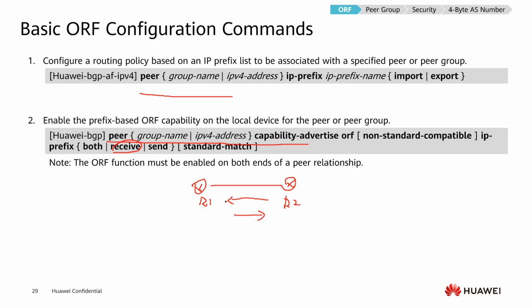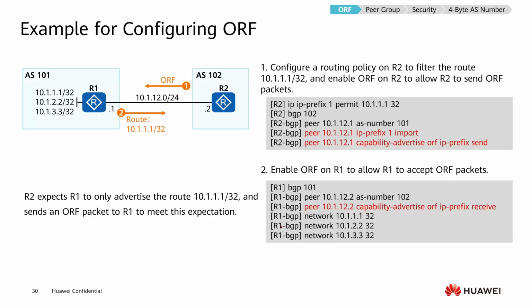It will send to me, right? And R1 also needs to enable the ORF function by this command for the send, because it will need to send the specific routes to R2. So first, R2 needs to configure the specific routes, and second, both of them need to enable the ORF function.